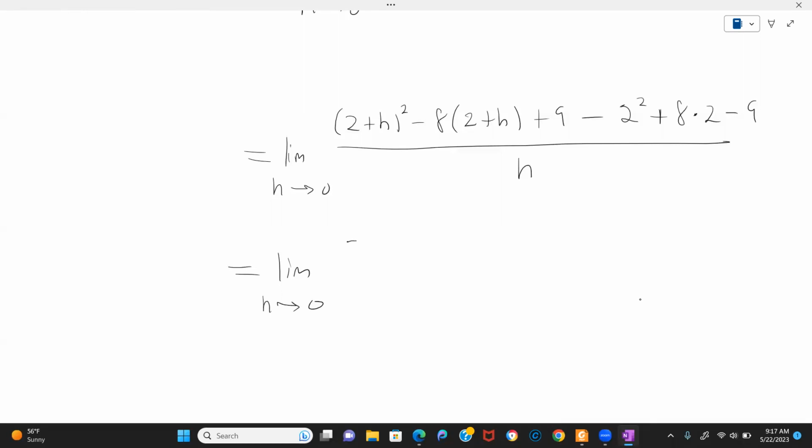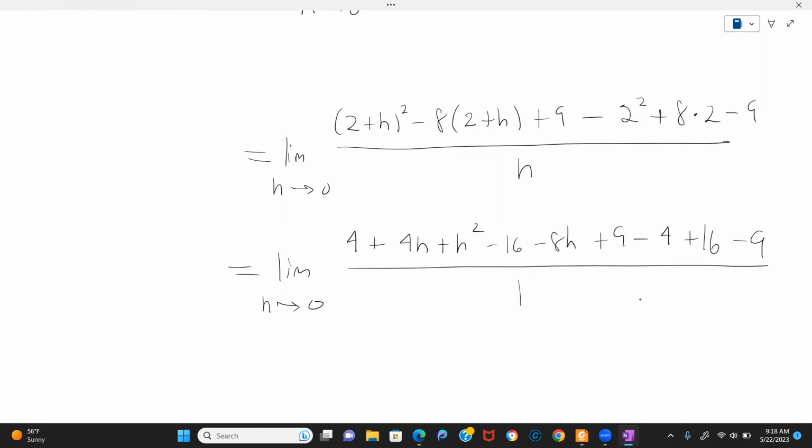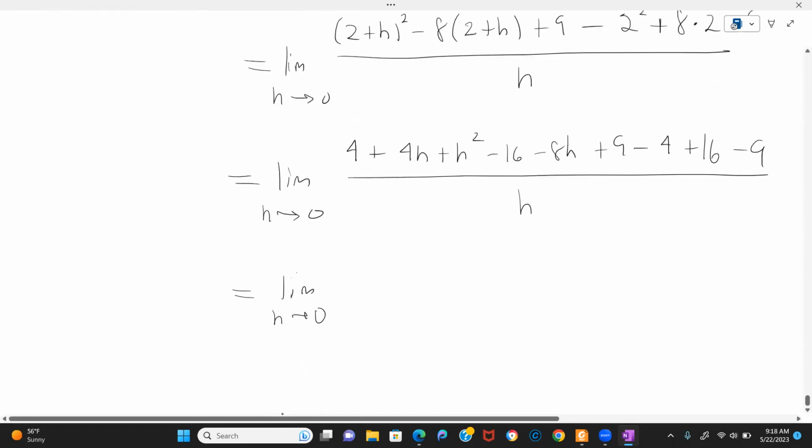So now we FOIL, so we get 4 plus 4h plus h squared minus 16 minus 8h plus 9 minus 4 plus 16 minus 9, divided by h. And if we simplify a lot, we get h squared minus 4h over h.